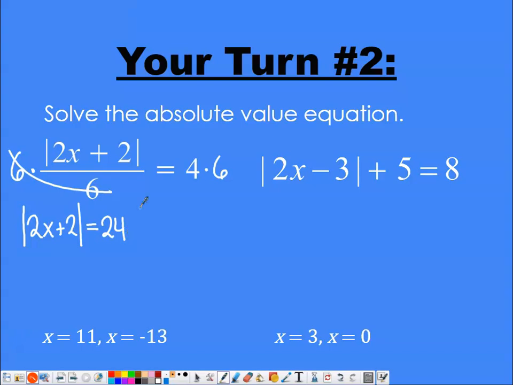Okay? So our absolute value bars are isolated. Let's set up our two equations and then go ahead and solve. So 2x plus 2 equals 24, or 2x plus 2 equals negative 24. Okay? So we go ahead and subtract 2. 2x is equal to 22.